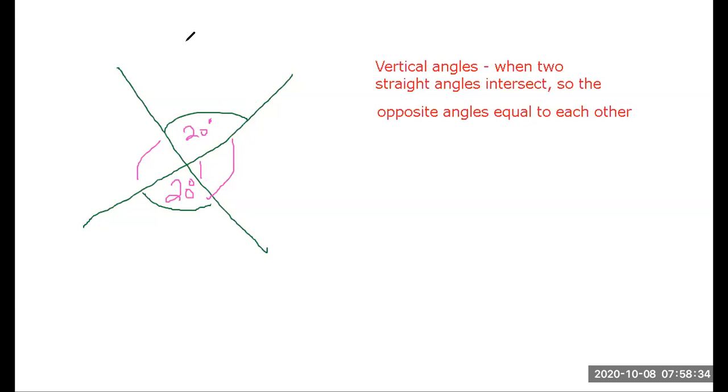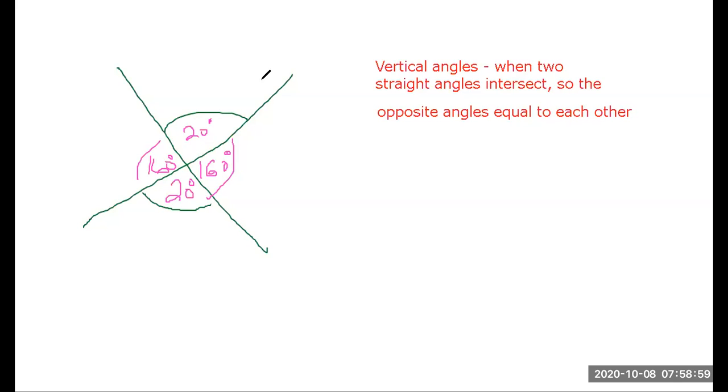So if this right here is 160 degrees, then this right here is what? Yep, 160 degrees. They're vertical angles. So the angles that are across from each other, they're equal to each other, which makes it a vertical angle.